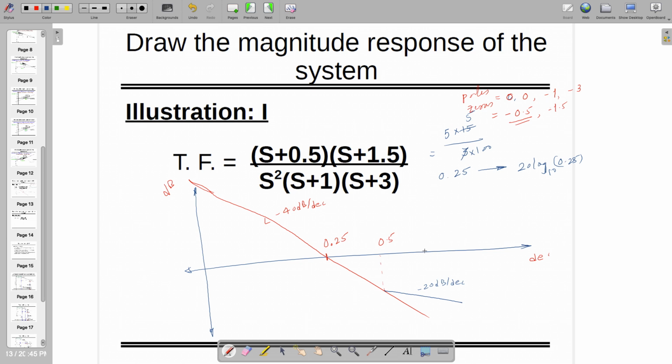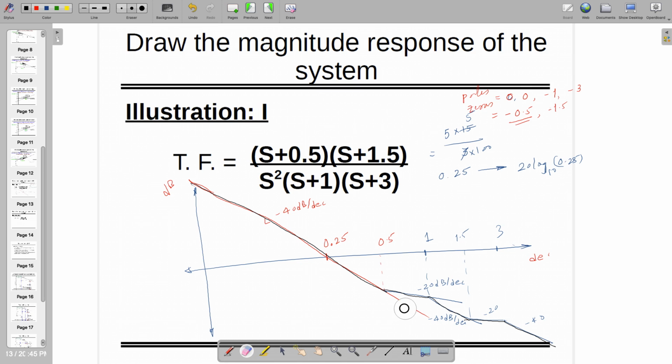Then you go to 1, where again it's going to give you minus 40 dB per decade. After 1 you have to go to 1.5. Let's say this is 3, minus 20 and plus 40 dB per decade. So effectively you are going to see the darker line only as the frequency response.